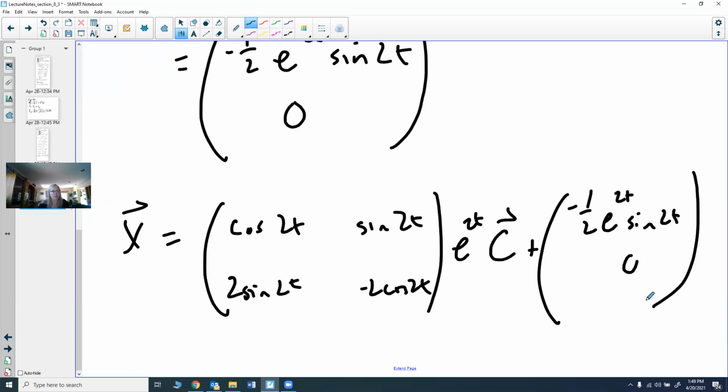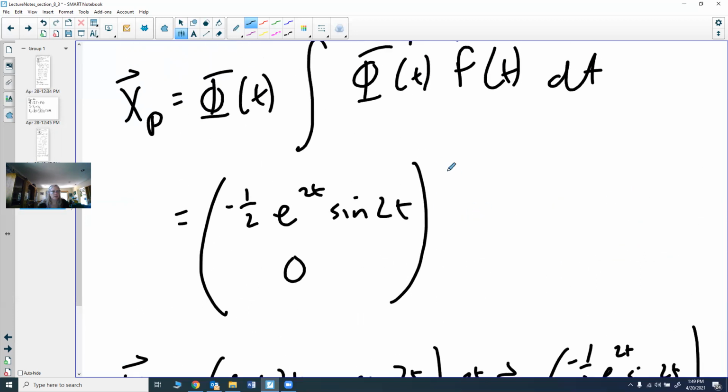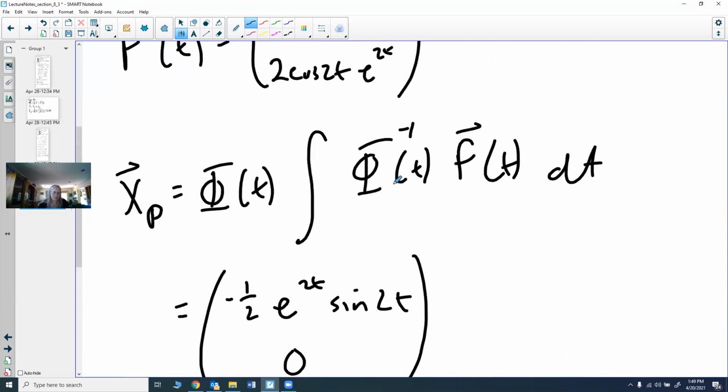And that's my solution. So that's how we solve non-homogeneous. It is a bit of a computational nightmare in some ways, but if you're using technology, it's not too bad. Your calculator can actually do all this. I believe other technology can also.